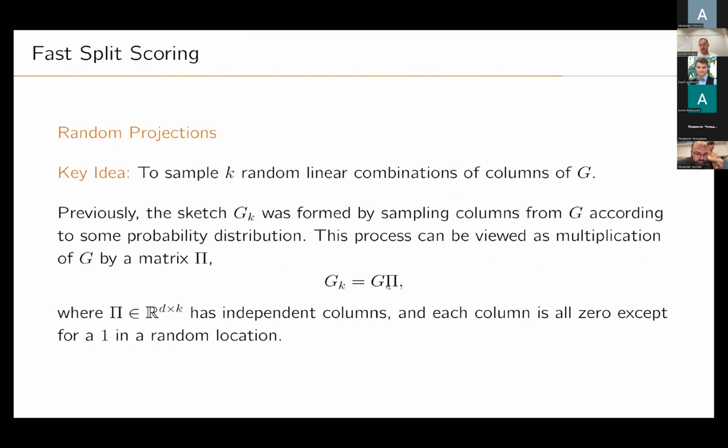In this matrix pi, almost all elements are equal to 0, but in each column we have only one 1 in a random location. And this 1 in a random location actually just shows what column to keep in our sketch, GK.